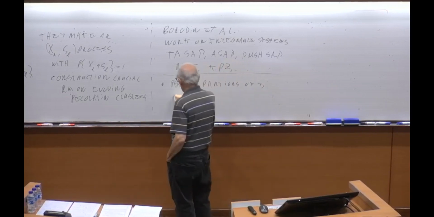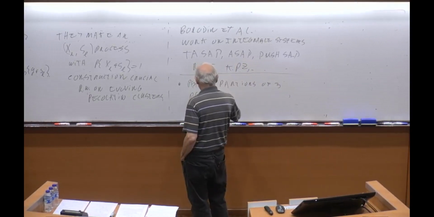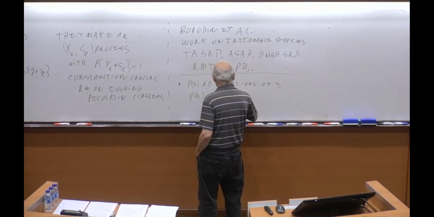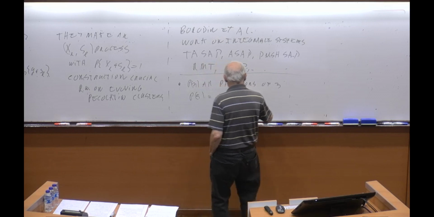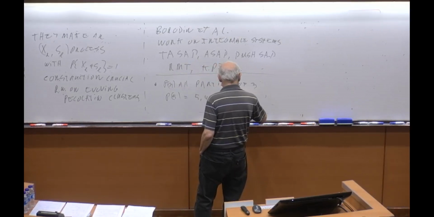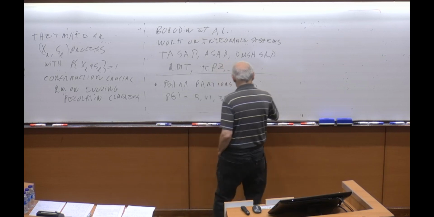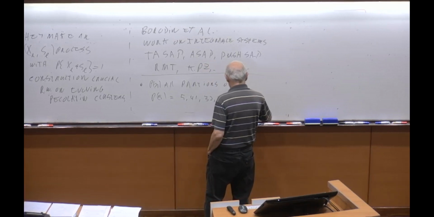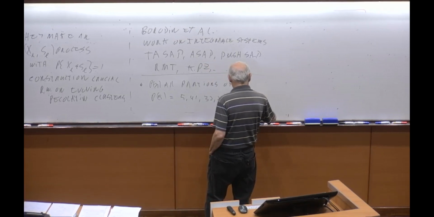So for example, P of 5 is equal to 5, 4 1, 3 2, 3 1 squared, 2 1 cubed, and 1 to the 5th.